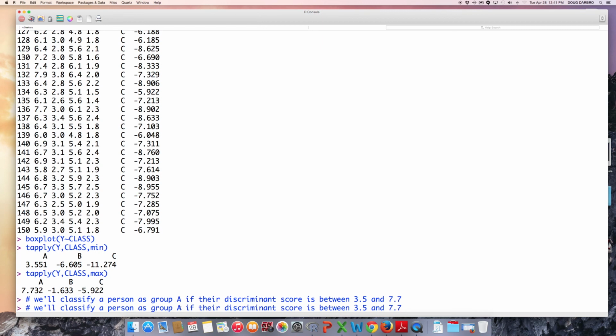So we'll classify a person as B if their discriminant score is between, let's do this correctly, -6.61 and -1.63.